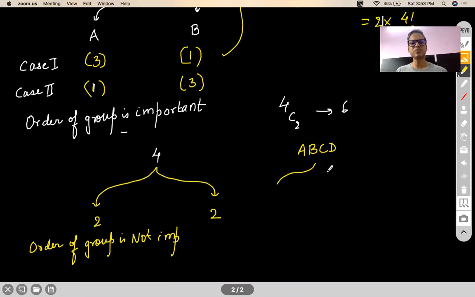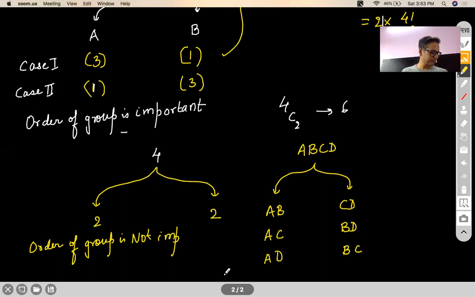So let's say these four people I'm splitting up as A, B, C, D. I'm splitting it as AC, BD, and I'm splitting it as AD, BC. Is there any fourth possibility? You said 6 should be the answer.